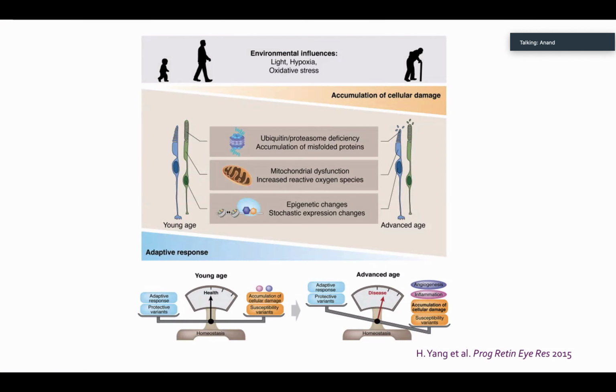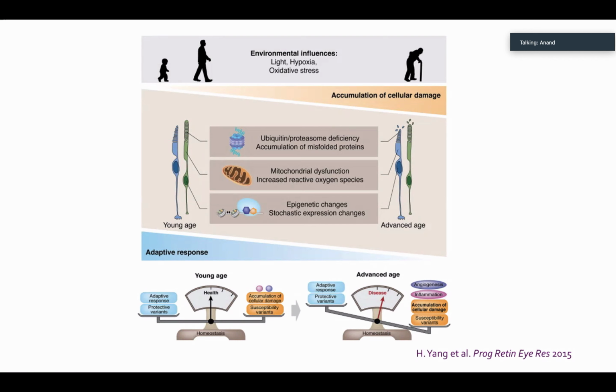So based on all that, this was something that I had proposed in one of the reviews in Progress in Retinal and Eye Research a few years ago, that when we get old, and this is not based on our data, this was based on a lot of work that is being done by lots of people. We are just putting it in our context, for our work.